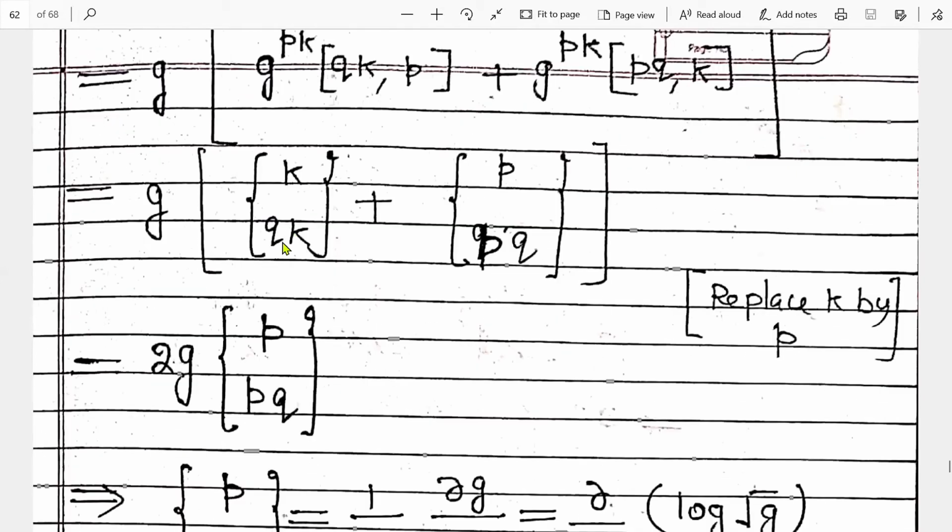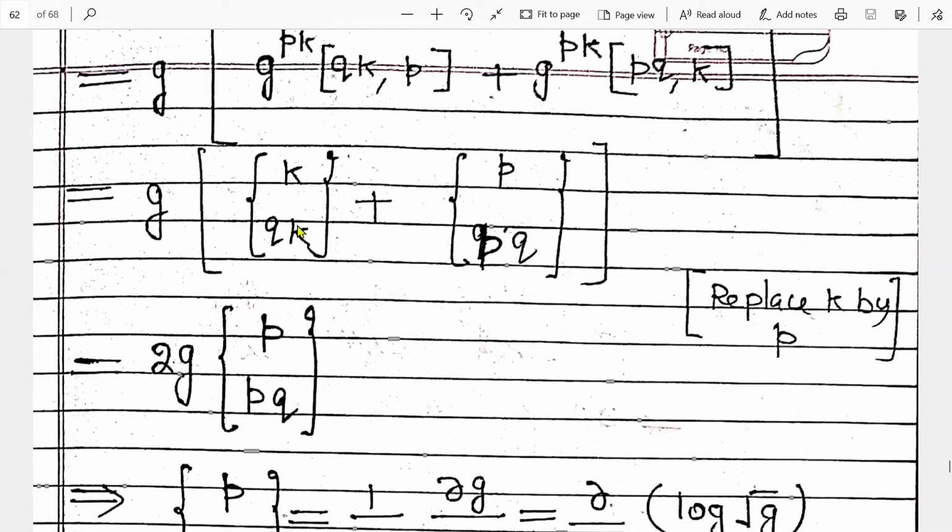Now this {k, qk} plus {p, pq}, these values. Now these k are simple variables. We can change them. So these are dummy variables. Replace k by p. Why do we replace it? In order to make both of the equations the same.